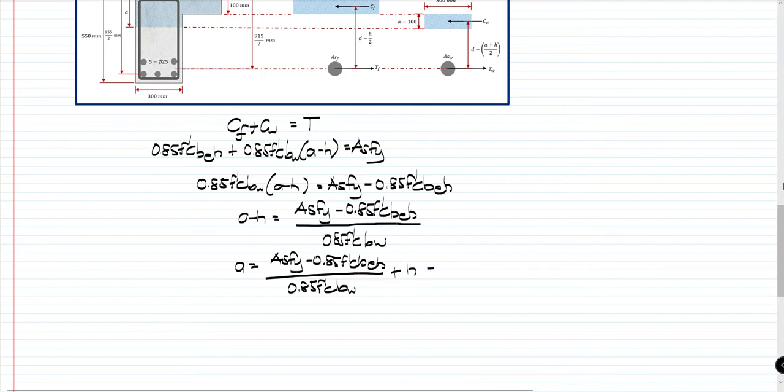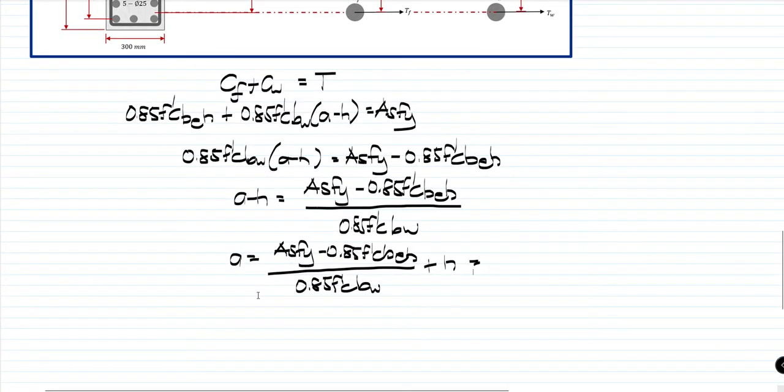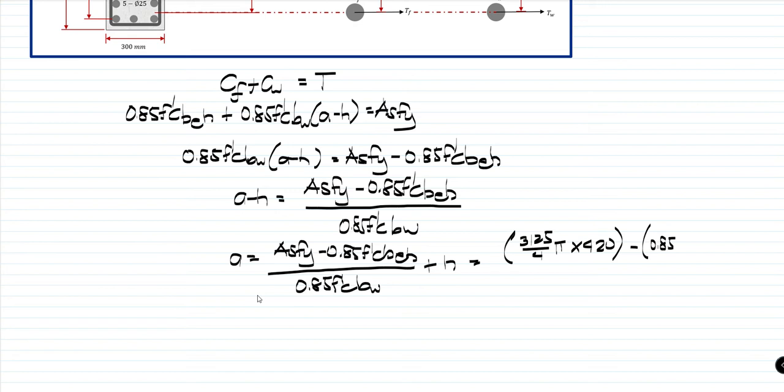So, now we have to substitute the values. So, we have here 3125 over 4 pi. So, that is the AS times the FY 420 minus, that is 0.85 F prime C is 21 times the effective flange width, which is 550, times the height of the flange, which is 100.